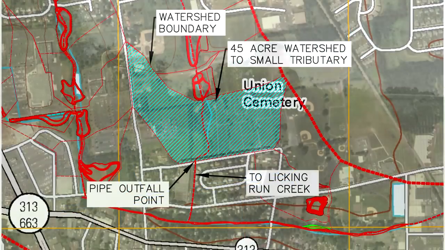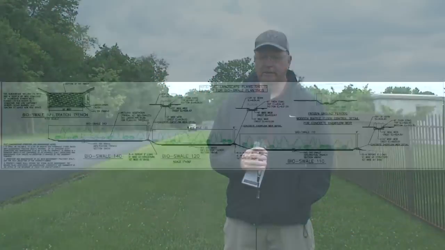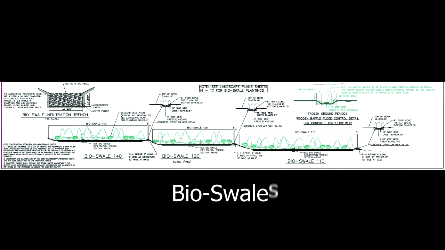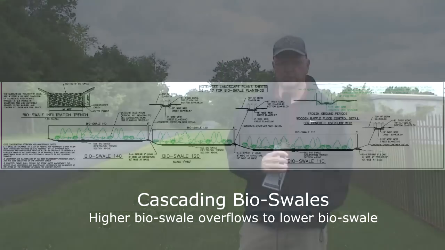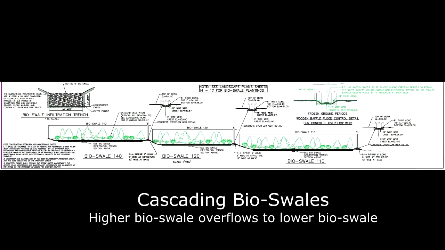We are also proposing a series of bioswales that will run in between Cemetery Road and the cemetery itself. The bioswales will be going along with the slope of the road, so it'll be cascading down with weirs located at about every 1 foot of drop of roadway. What happens is water that is flowing to the upper bioswale will overflow the weir and discharge to the next lower bioswale, and then that water will overflow into the next lower bioswale.